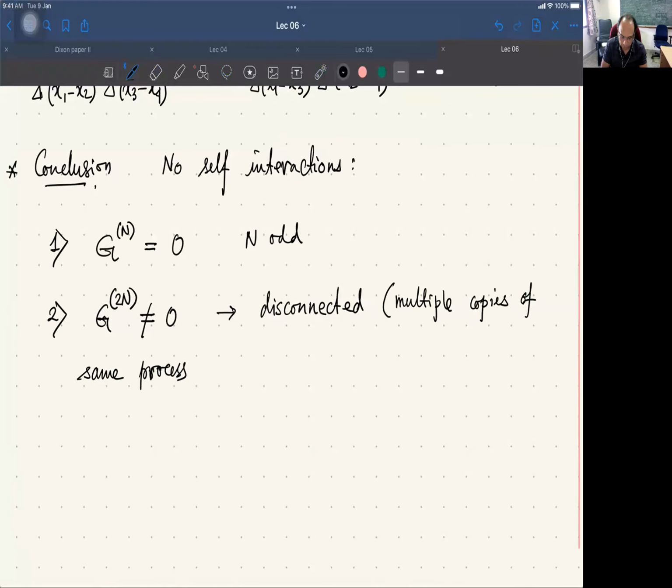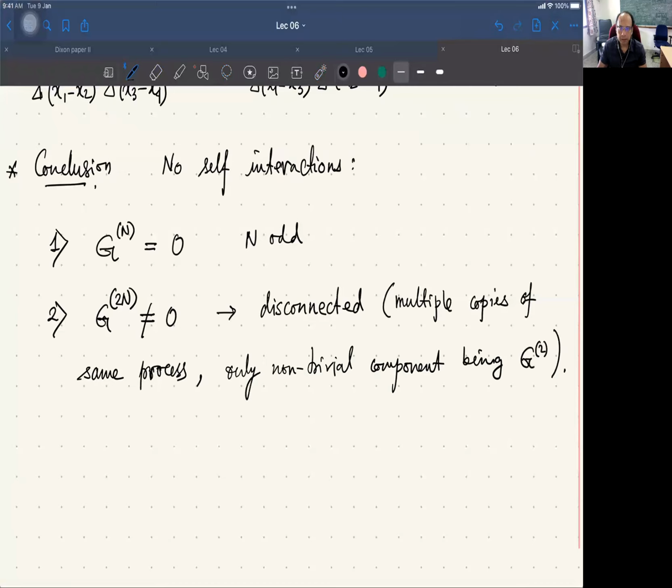So the only non-trivial component being G2.